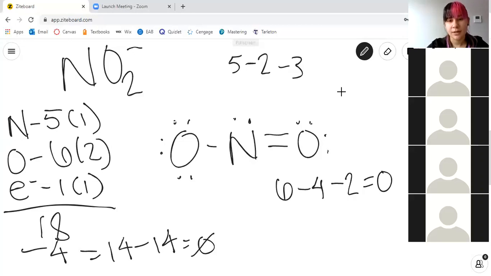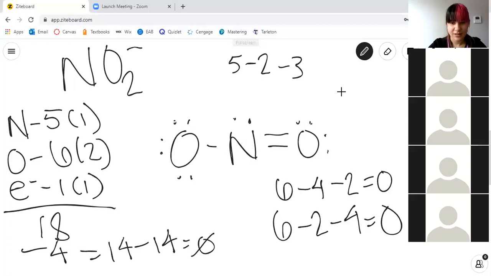So the way that I would do it is there's 6 valence electrons, we have 2 bonds there, and then we have 4 non-bonding electrons. And that's how I would do it because I don't like adding division into things. So are you guys cool if I use that one? Because I keep screwing up the divide by 2. Is that cool? Can you go over how that equation works again?